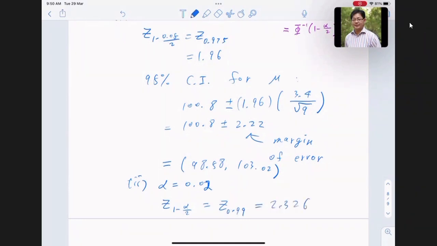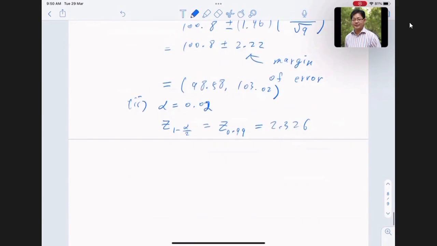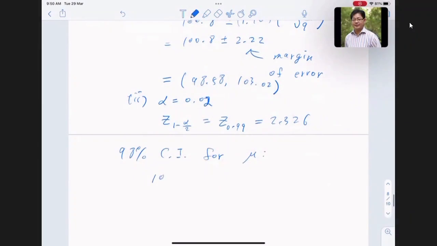From the standard normal distribution table or using R, you'll find that this quantile is 2.326. So we substitute into the formula again, and we have the same calculation, except that the quantile used is different.